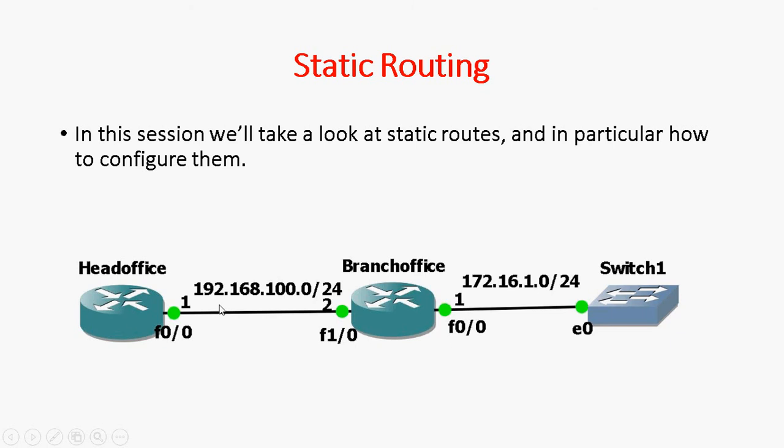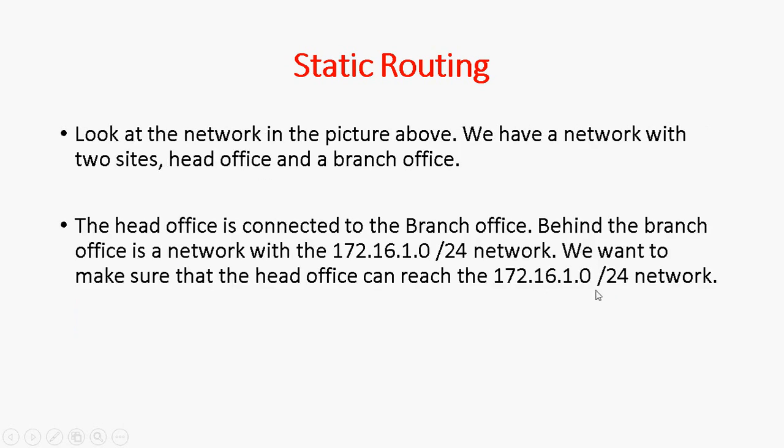Between head office and branch office I am using the 192.168.100.0/24 network, and I will assign the IP 100.1 to head office and 100.2 to branch office. Branch office to the LAN network, I am using 172.16.1.0, and on branch office FA0/0 I will assign the IP 172.16.1.1.